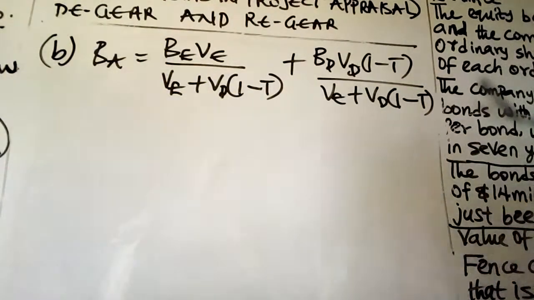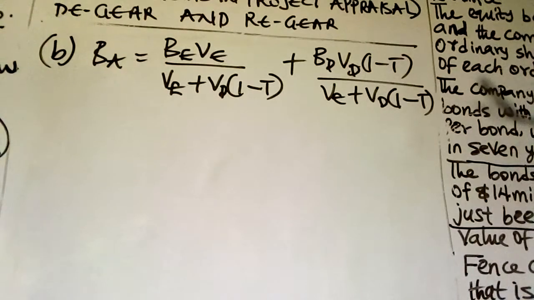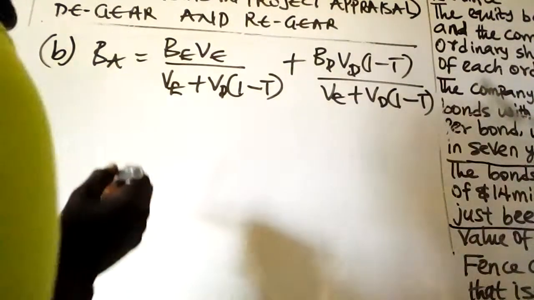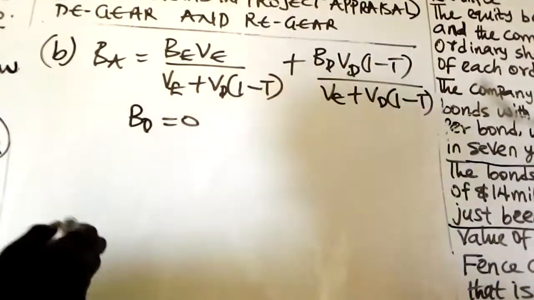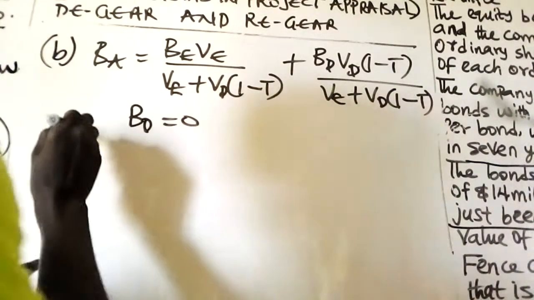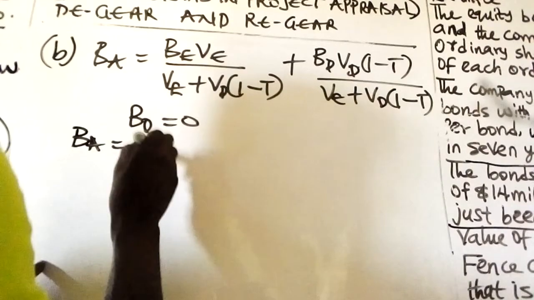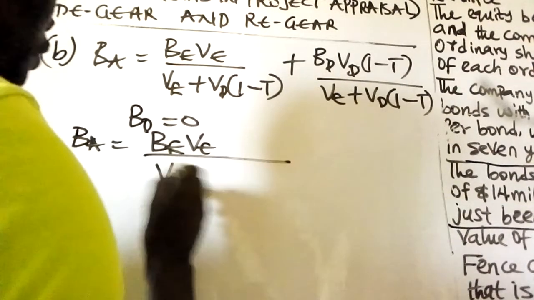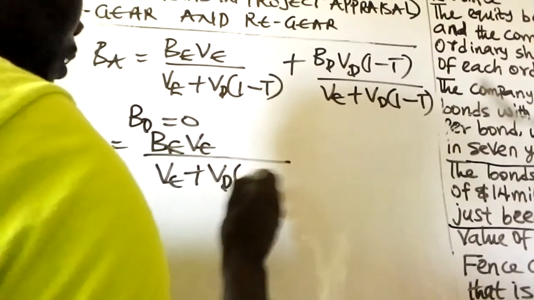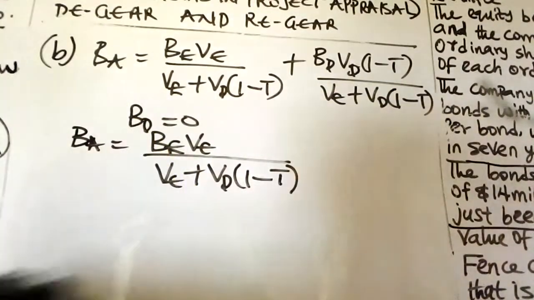And I've told you that debt may be assumed to be risk-free. If debt is risk-free, that means beta of debt equals 0. If beta of debt is 0, the formula becomes beta of asset equals beta of equity times value of equity over value of equity plus value of debt post tax.